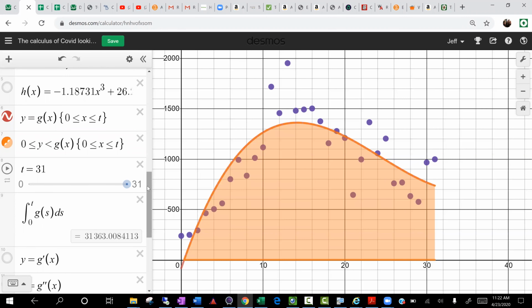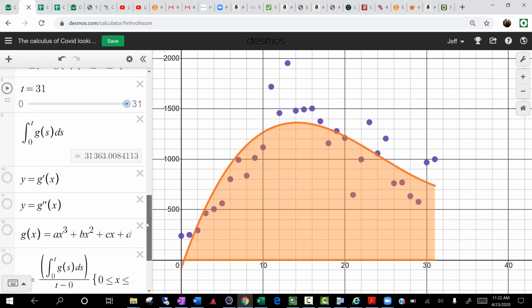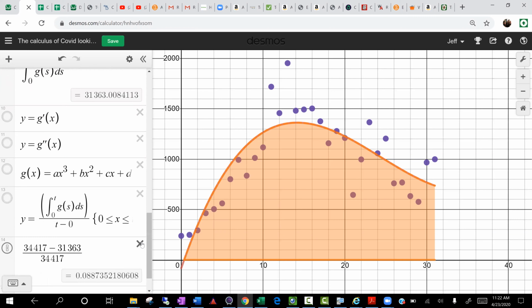So how would I find the average number of cases per day? I've got the integral from 0 to 31. How do you think I'd find the average number of cases per day? What else do I have to do? Well, this is just like the previous two problems.